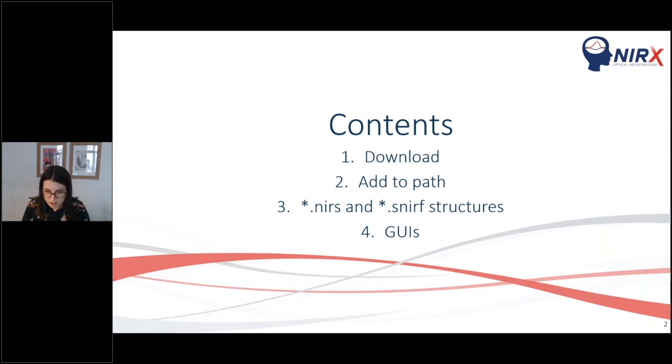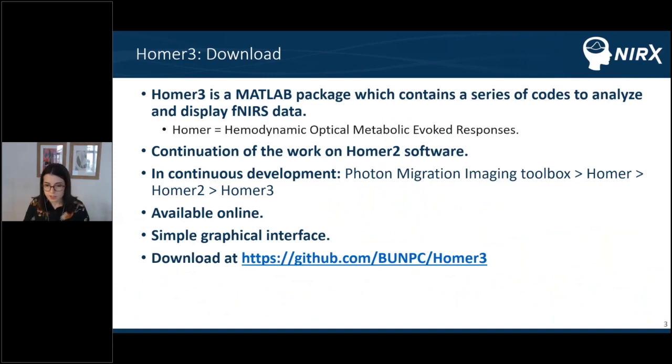But first of all, what is Homer3? For those of you who are not familiar with Homer2 either, Homer3 is a MATLAB application used for analyzing fNIRS data to obtain estimates and maps of brain activation. It is a continuation of the work on the well-established Homer2 software, which itself evolved since the early 1990s.